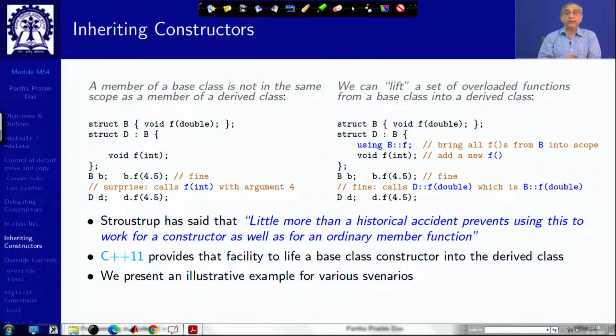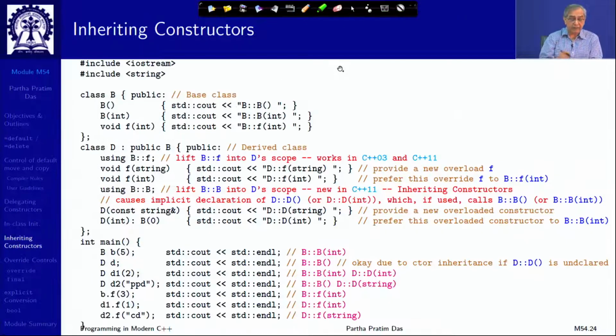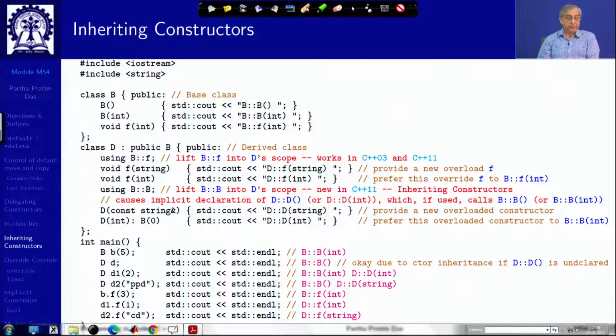But this entire thing applies only to ordinary member functions, not to the constructor. What C++11 has done is simply allowed that to be also present. So if the base has 2 constructors, and I have not given any constructor here, then if I say D d, that is I want to do a default construction, what will happen?